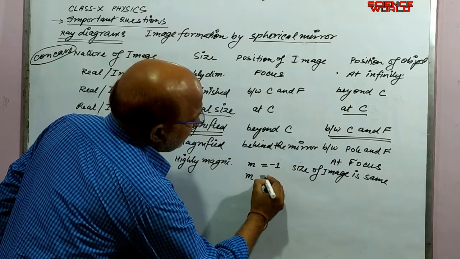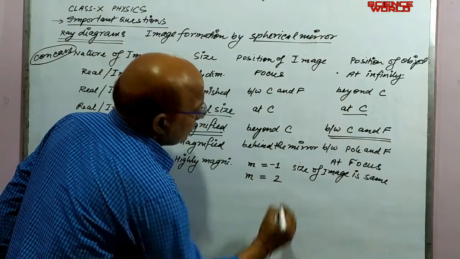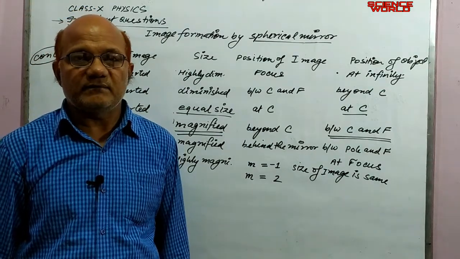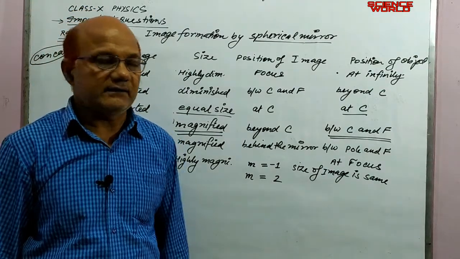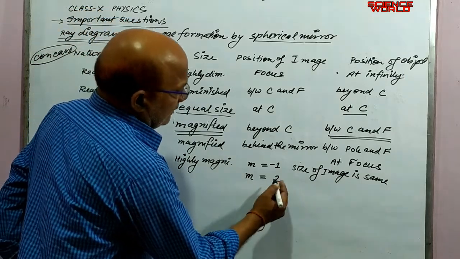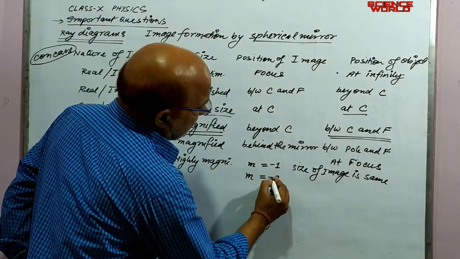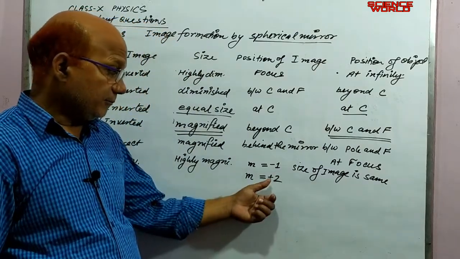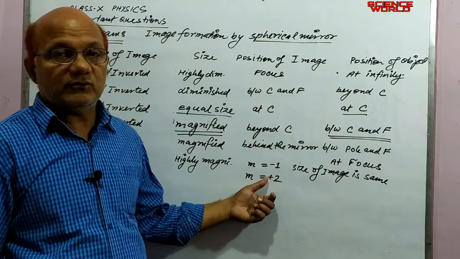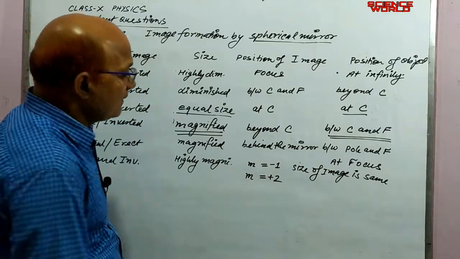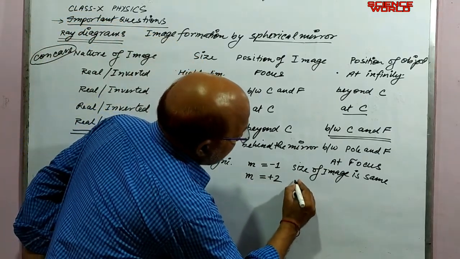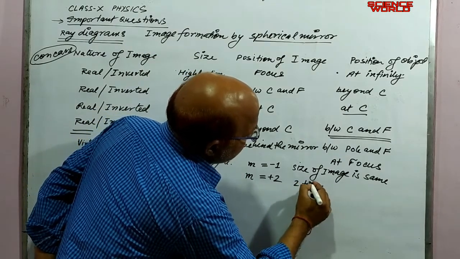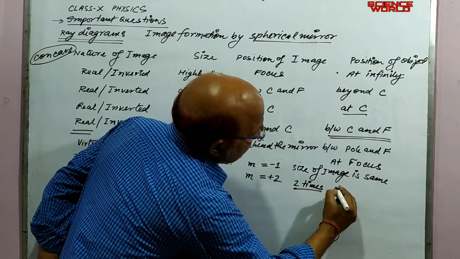And if the magnification is, let's say, 2, it means the size of image is 2 times, so it is magnified. And if the sign is plus, it tells about the nature, and it is 2 times, size of image is 2 times means magnified, and it is virtual.